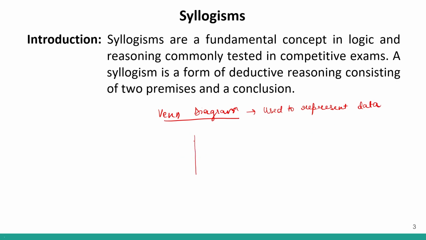Let's say this rectangle represents a school. Now there will be various people working in a school. The major portion of a school, let's say, will be comprising of students.